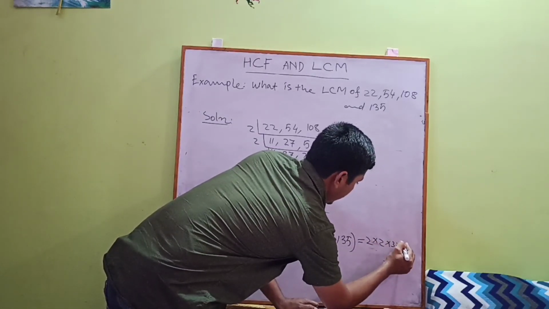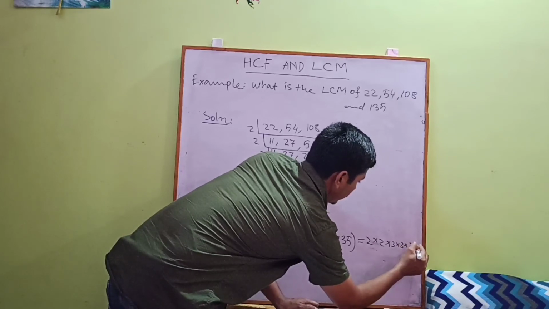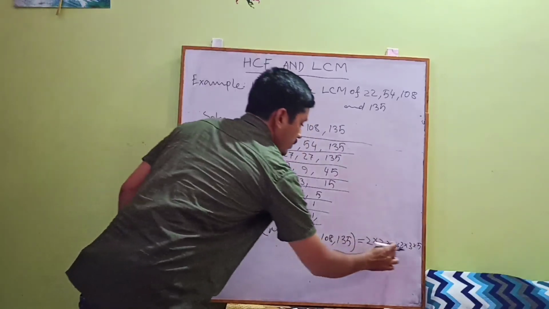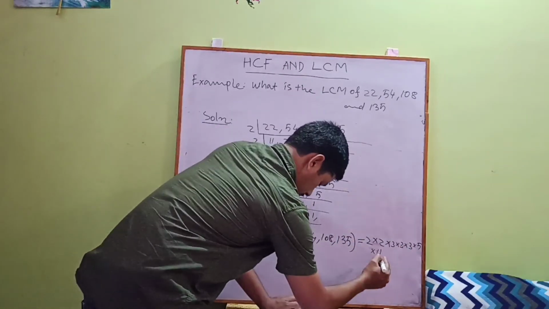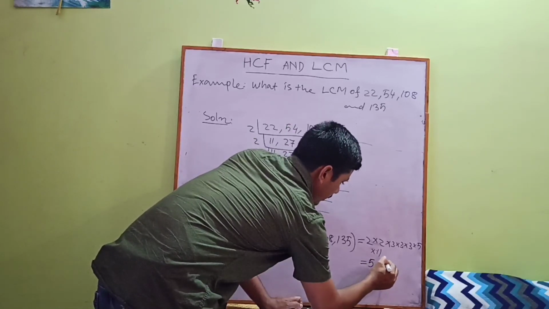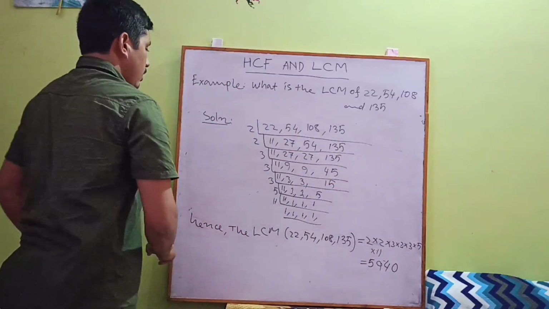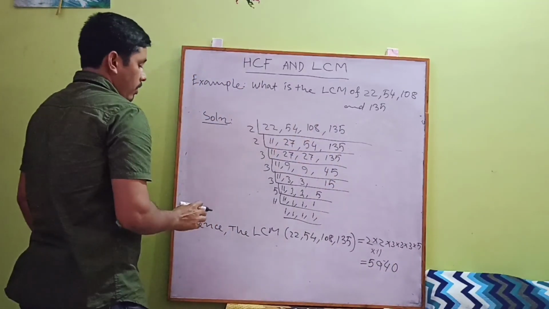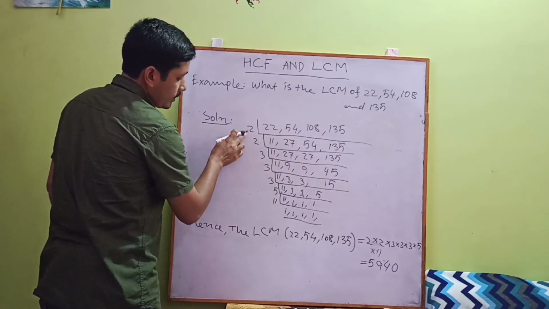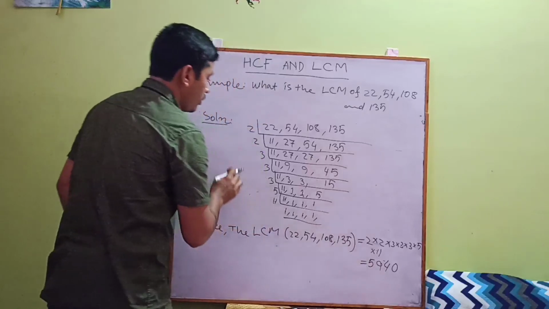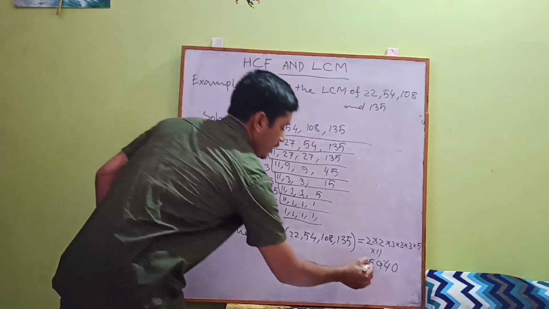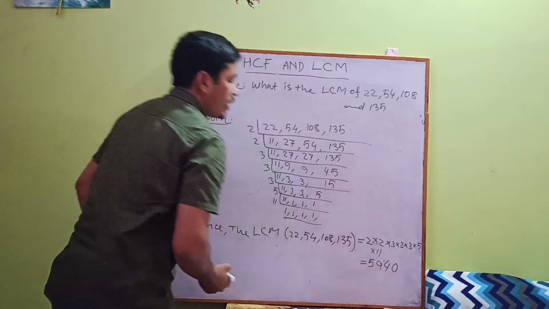When we multiply these factors, we get 5940. Look, to find the LCM of these numbers, we need to first multiply these factors like this. When we multiply 2 into 2 into 3 into 3 into 3 into 5 into 11, we get 5940.